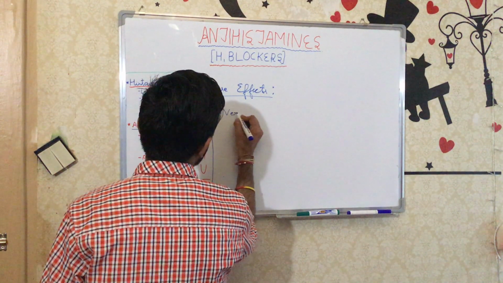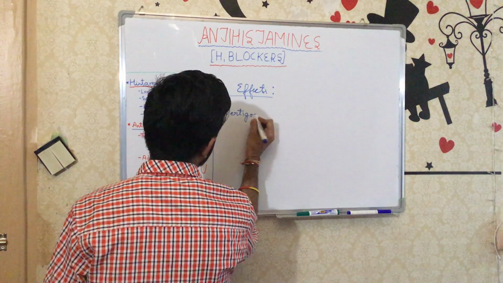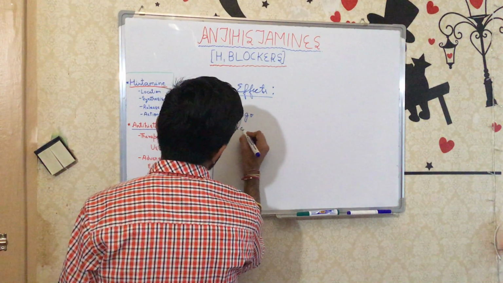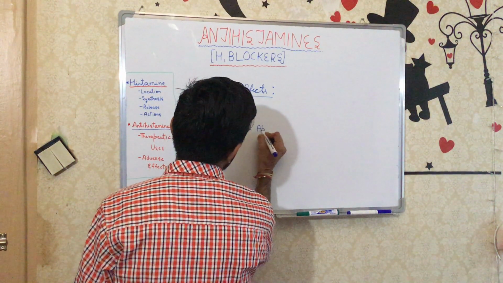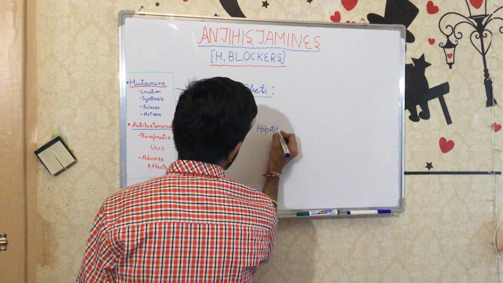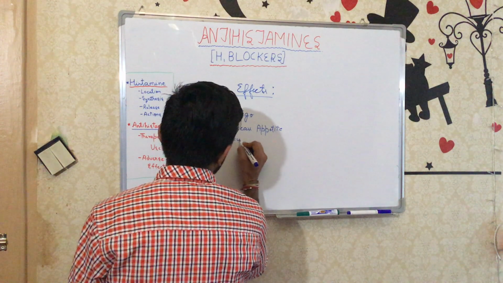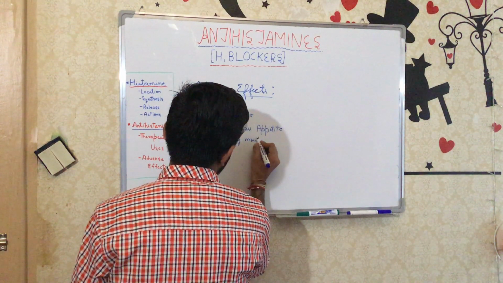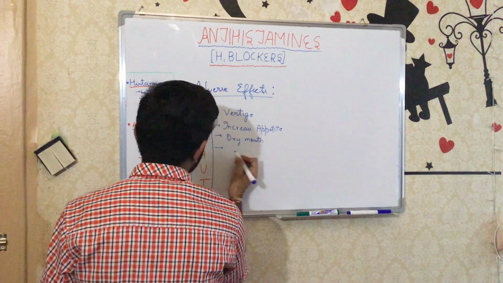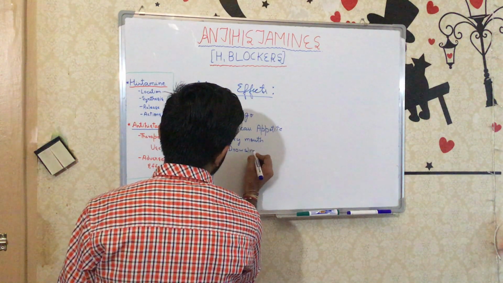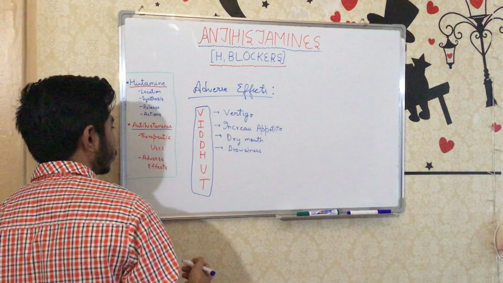Now, what is V? V is vertigo. What is I? It will increase the appetite. D, it can cause dry mouth if they block the cholinergic receptors. One more D, which means they can cause drowsiness.